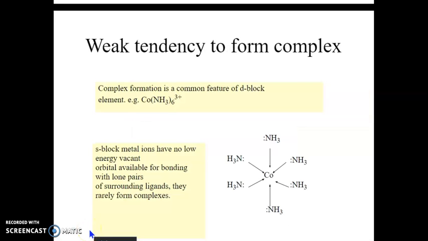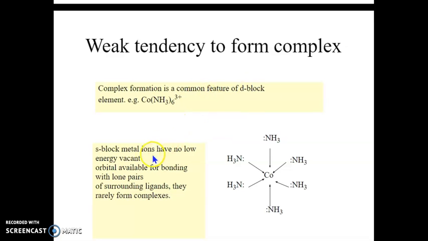Now the next property is the weak tendency to form complexes. Complexes are coordination compounds. Complex formation is a common feature of d block elements. All d block elements form complexes with ligands. This is a complex of cobalt, hexaamminecobalt(III) ion.